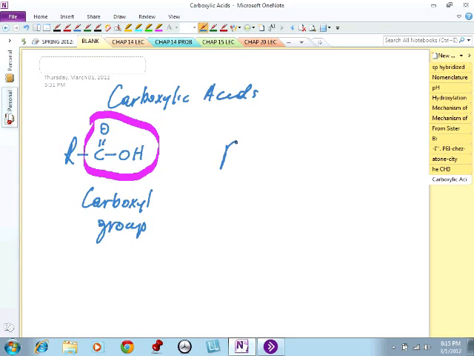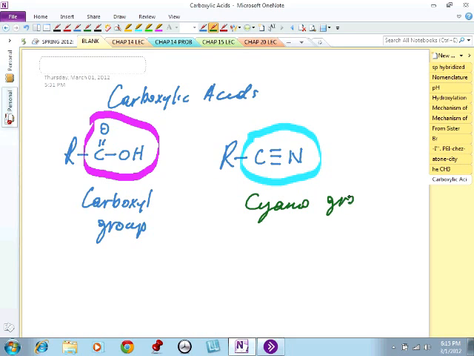With respect to the nitriles, you have a carbon-nitrogen triple bond, in which you have carbon triply bonded to nitrogen, and we refer to this group as a cyano group.